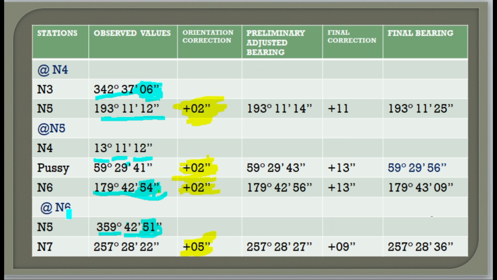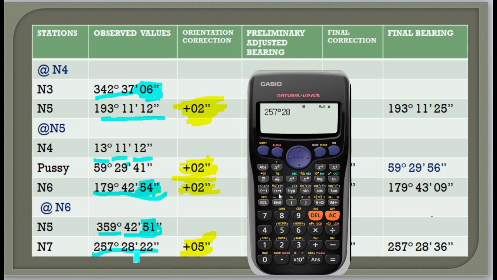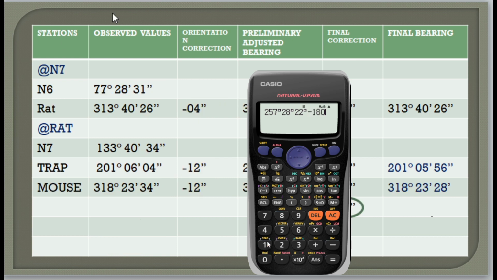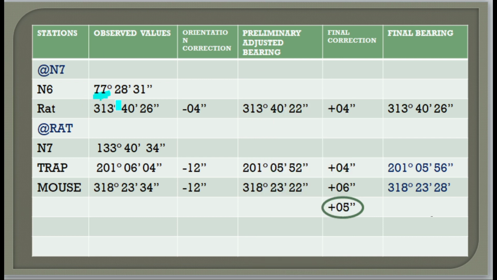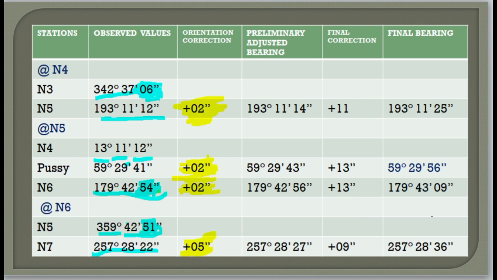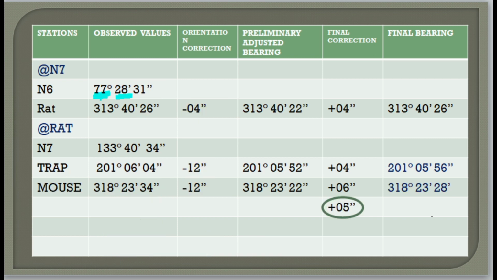From the control station N6 to N7, we have a forebearing of 257, 28, 22. By subtracting 180 degrees, our answer will be 77, 28, 22.